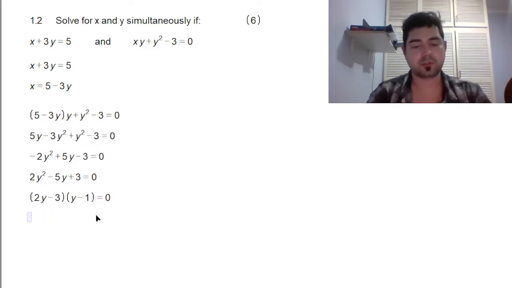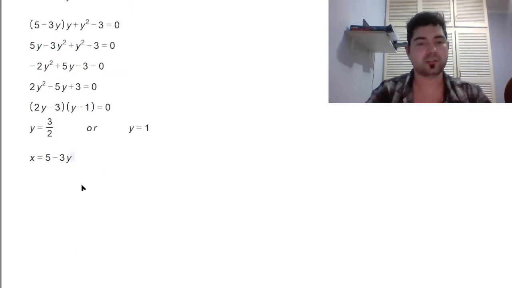From here we get two solutions, y equals 3 over 2, or y equals 1. But we're not quite done yet. We still need to enter those y values back into our original equation for x in order to solve for x.